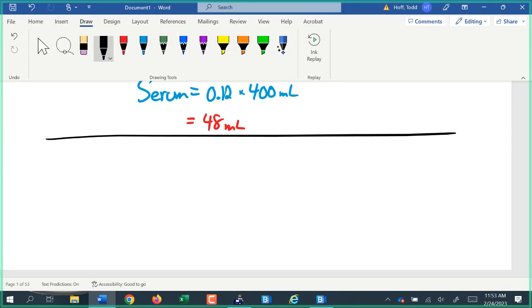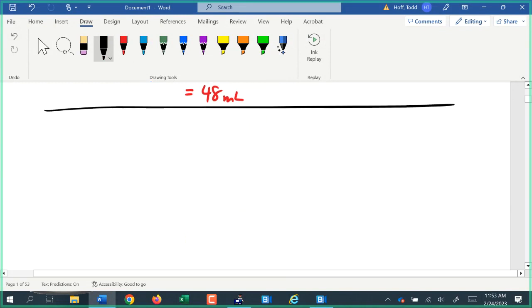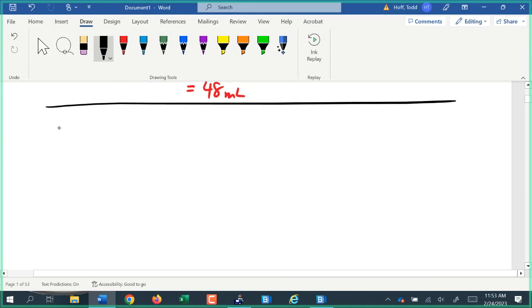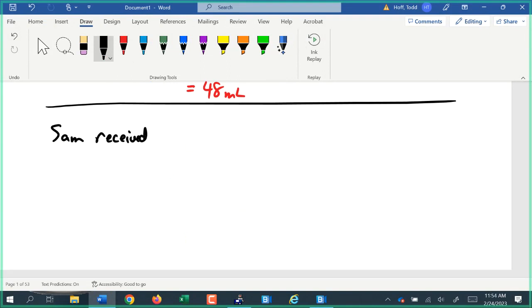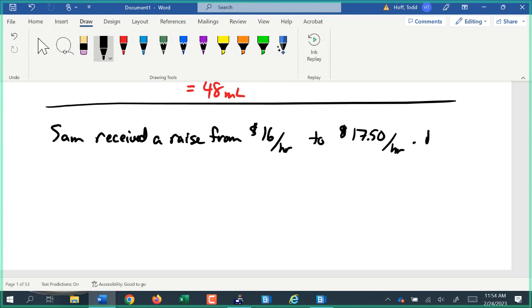So for example, let's say that Sam receives a raise from $16 per hour to $17.50 per hour. Find the percent raise.